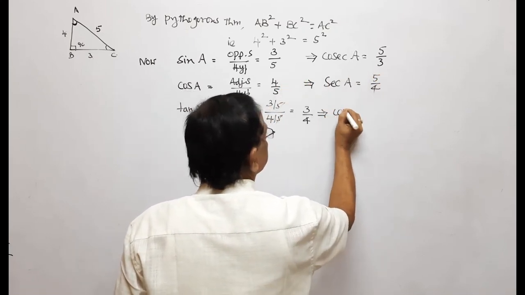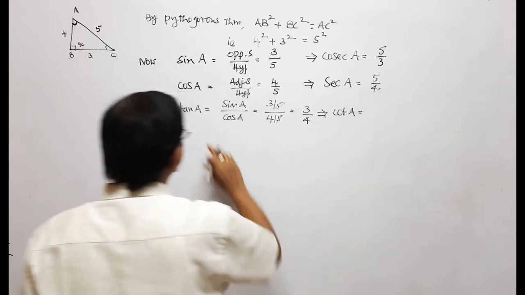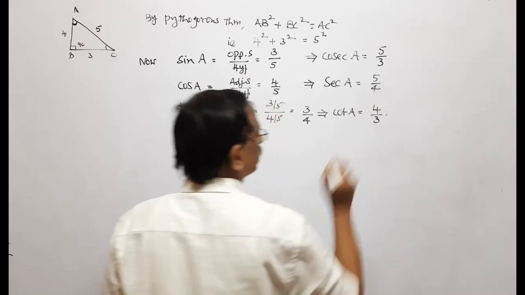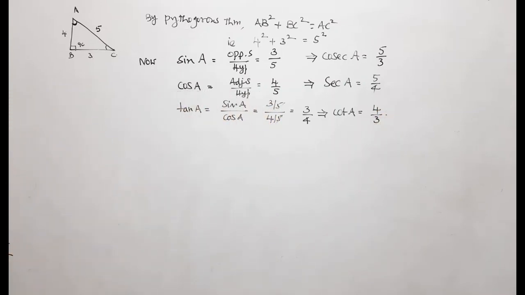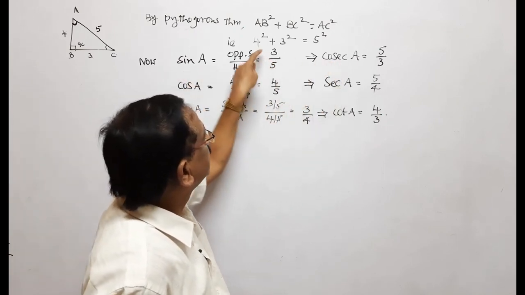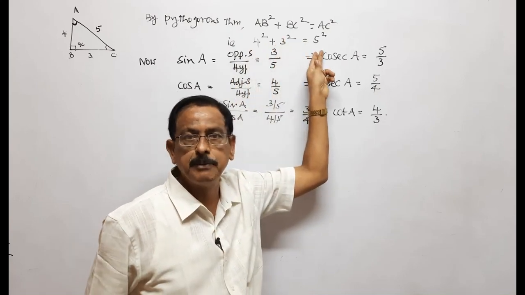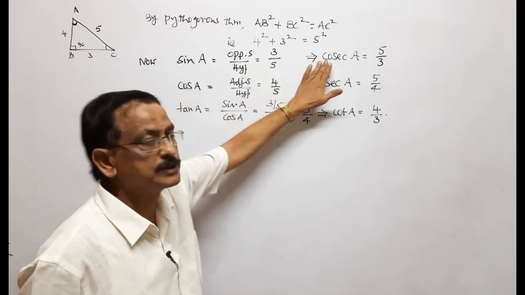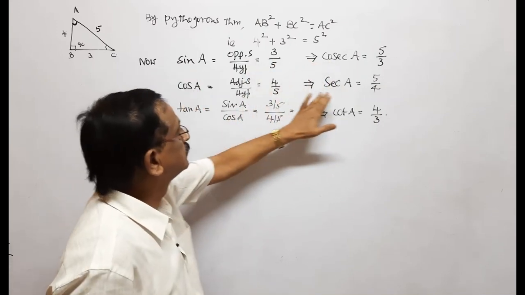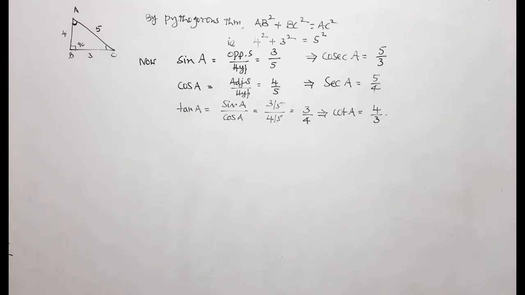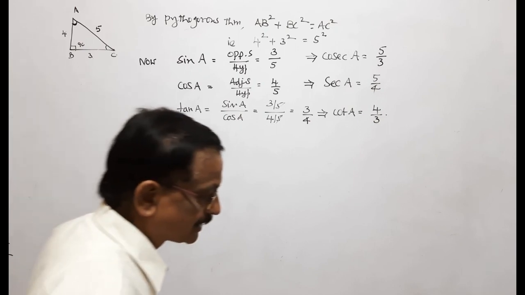And what about cot A? 1 by tan A, so 3 by 4 will become 4 by 3. And one can easily see sin A into cosecant A, 3 by 5 into 5 by 3, is 1. So always sin A into cosecant A is 1, cos A into secant A is 1, tan A into cot A is 1. This is a basic property of a right-angled triangle.